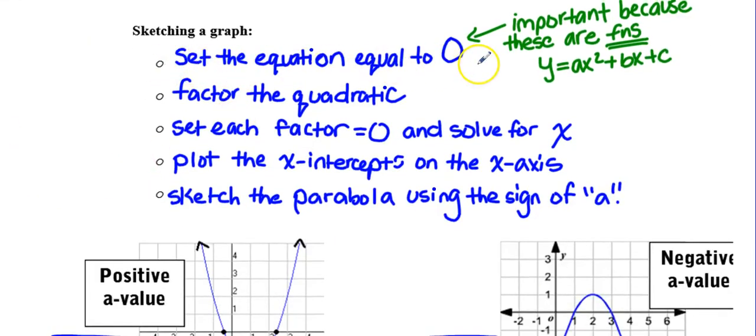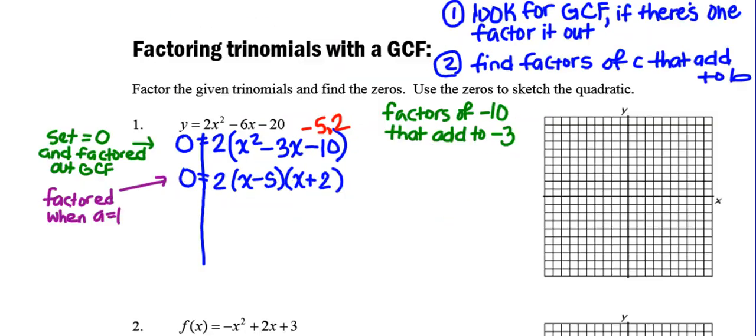So we set the equation equal to 0, we factored the quadratic. Now notice it says set each factor equal to 0 and solve for x. So let's go do that. We're going to take each factor, so x minus 5 set equal to 0, and x plus 2 set equal to 0.